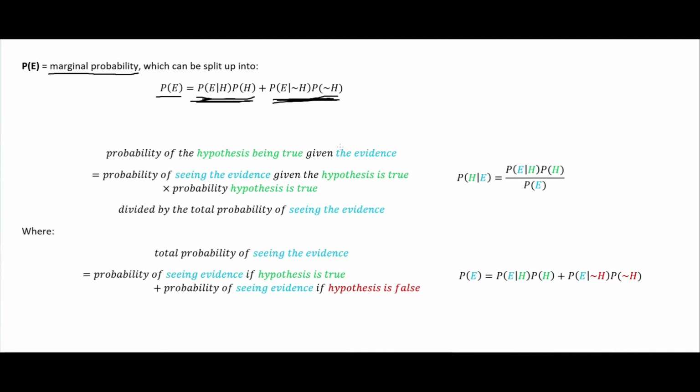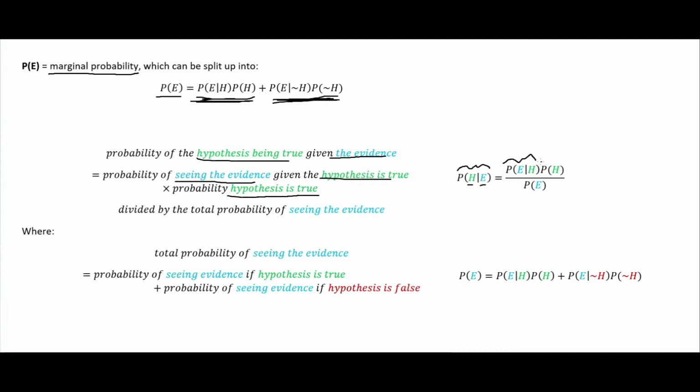Then, so kind of putting this into words, we have the probability of the hypothesis being true given the evidence, which is this part right here. Well, no, that's wrong. It was this part here. So that is the probability of the hypothesis being true given the evidence is true is equal to the probability of seeing the evidence given the hypothesis is true. So that is that part right there, times the probability that the hypothesis is true.